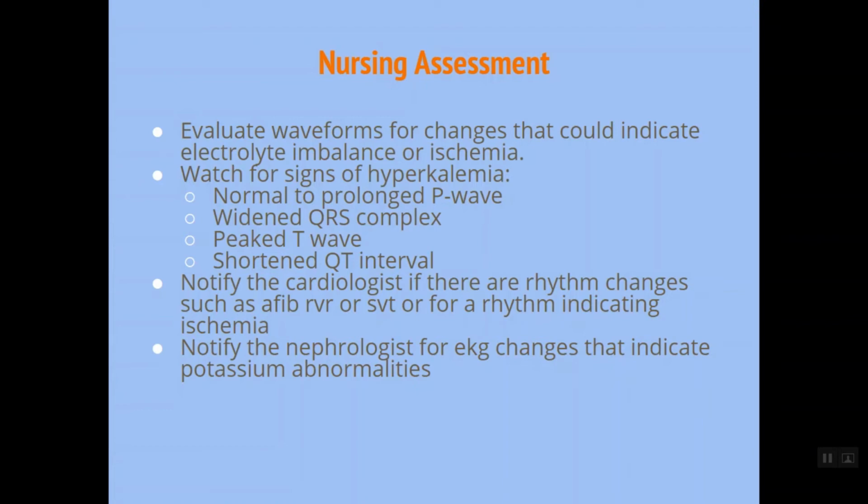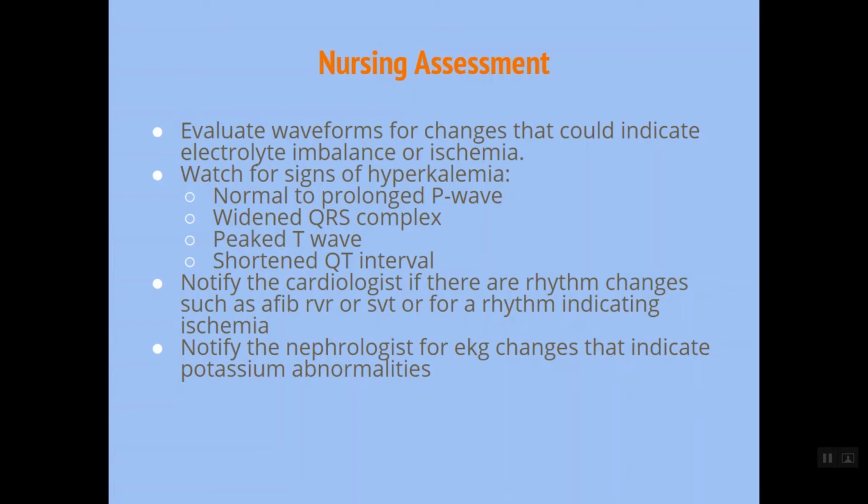So the patient can still have hyperkalemia and be peeing a couple hundred mLs an hour. So signs of hyperkalemia on your EKG are going to include prolonged P waves, diminished P waves, widened QRS complexes, peaked T waves, shortened QT intervals, as well as ventricular arrhythmias such as VTAC and or frequent PVCs.